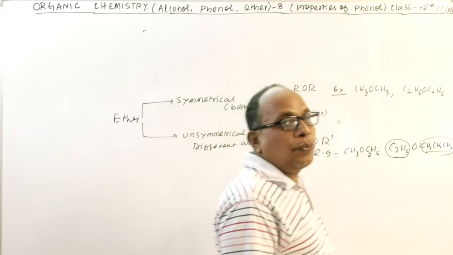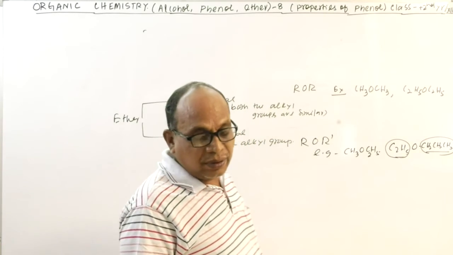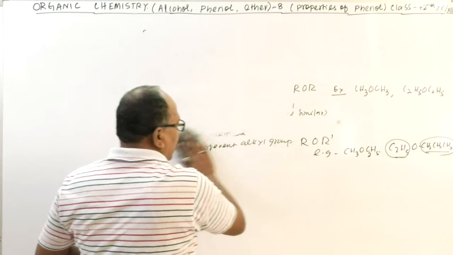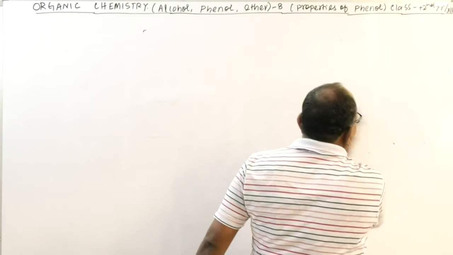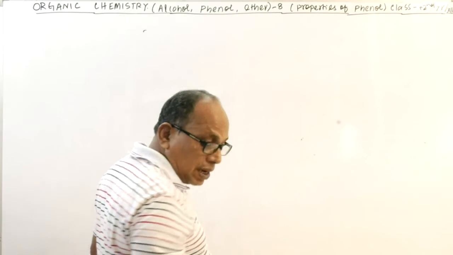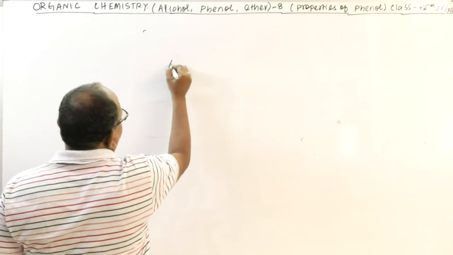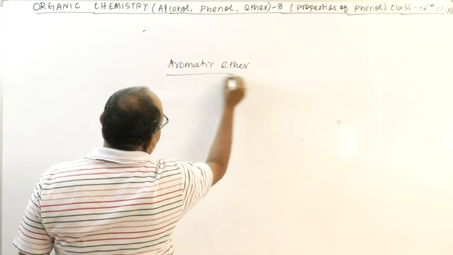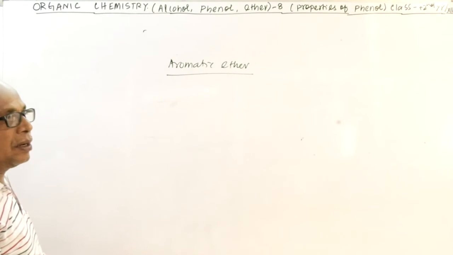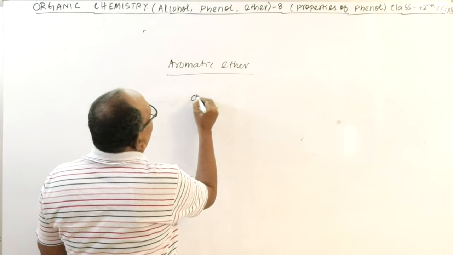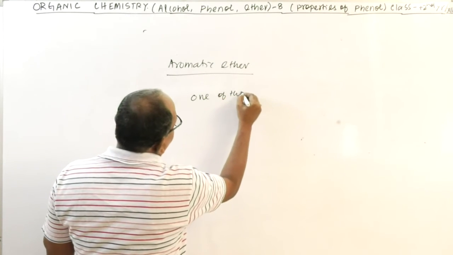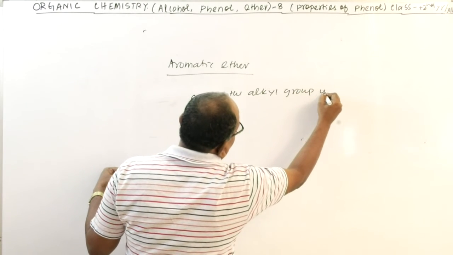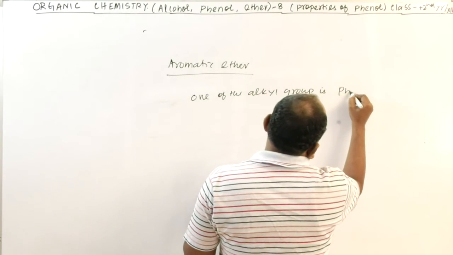If one of the alkyl groups is an aromatic ring, then that is called aromatic ether. What is aromatic ether? Aromatic ether means one of the groups is a phenyl group.